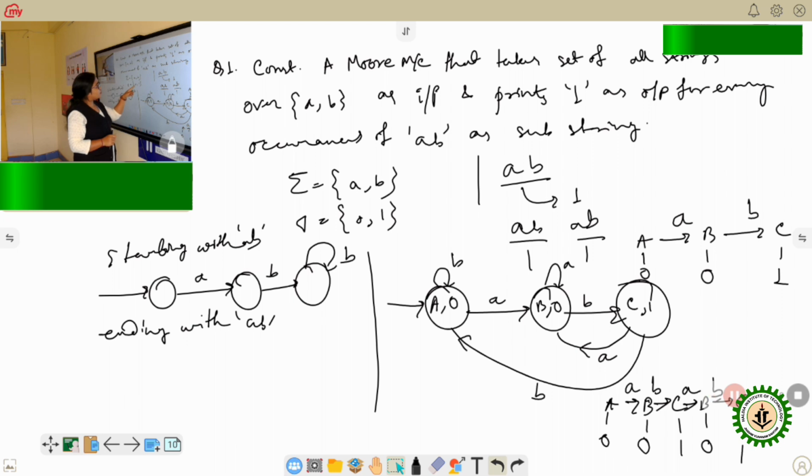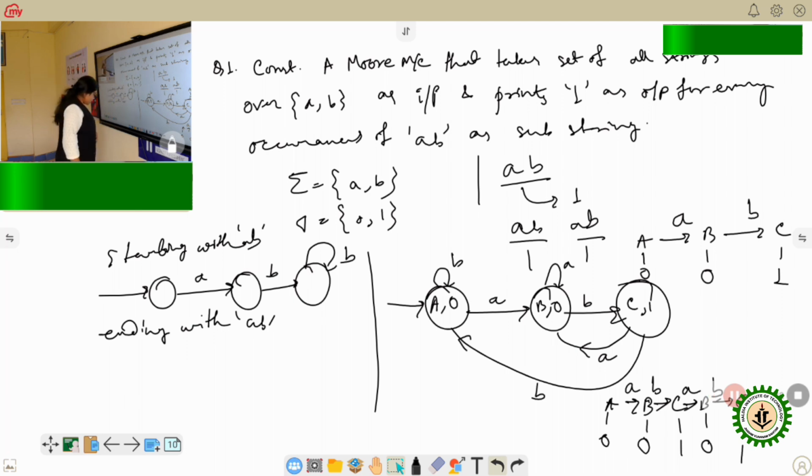Why have I taken 0, 1 here? Because the question says it will print 1 as output for every occurrence of AB. So actually we have to count the number of ABs present. That's why we are taking the output alphabet 0 and 1. If we get only one AB, it will print 1 one time. If we take a string ABAB, then how many times will 1 be printed? 2 times.